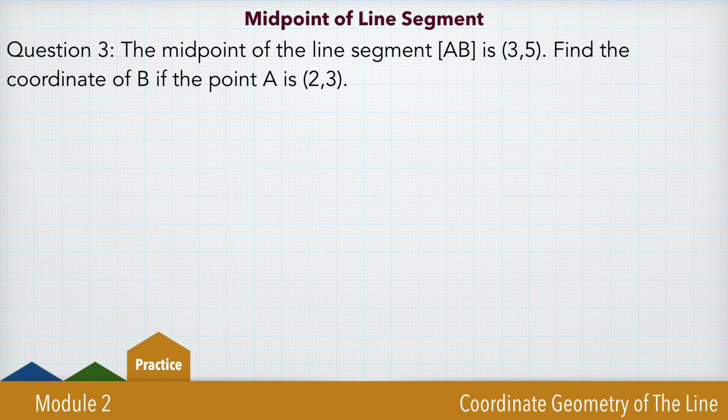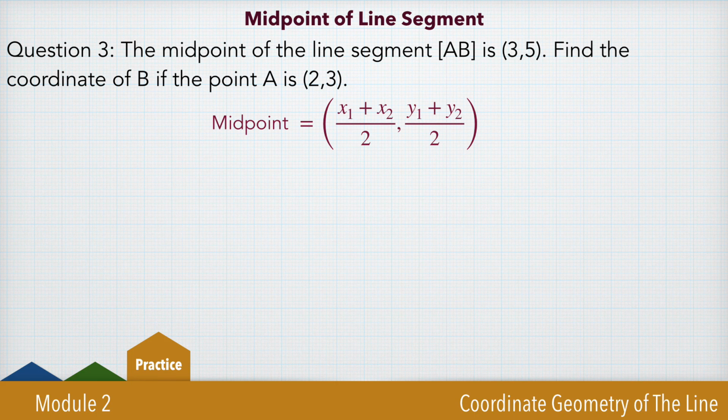In this question, we are given the midpoint of the line segment AB as the point 3, 5. But we need to find the coordinates of B, an endpoint of the line segment. In this type of question, we will use the converse of the midpoint formula.